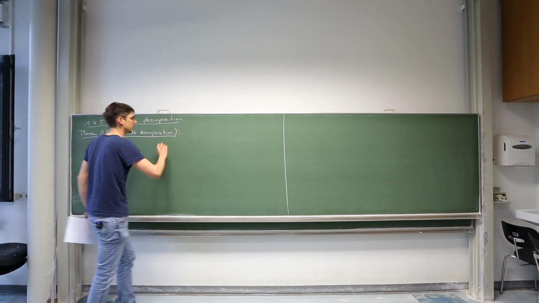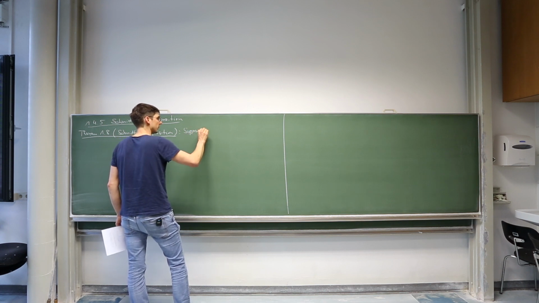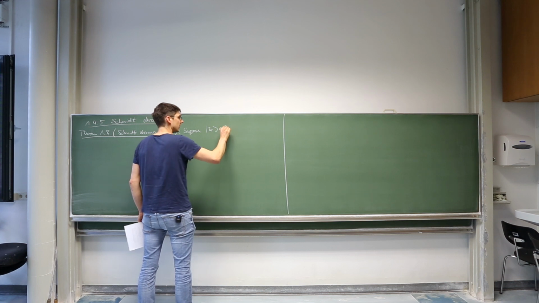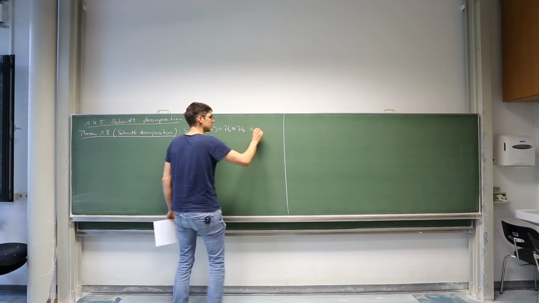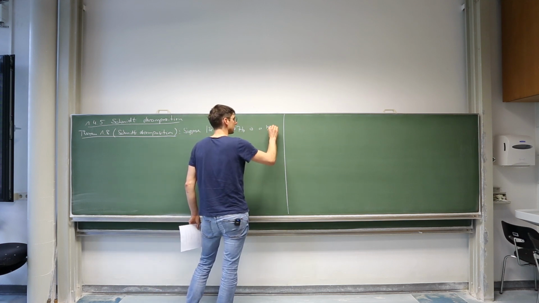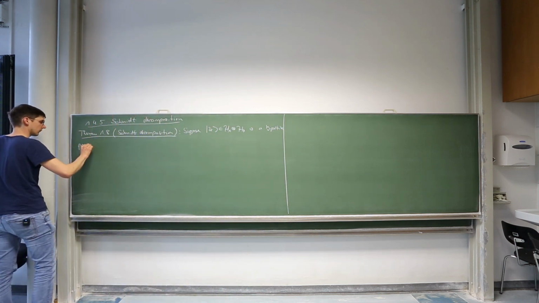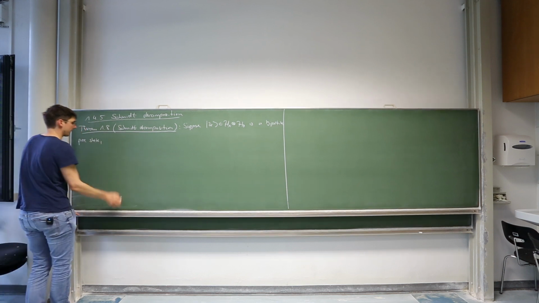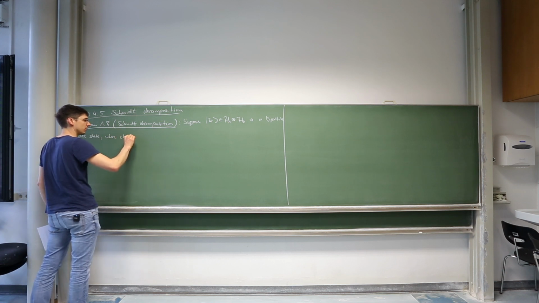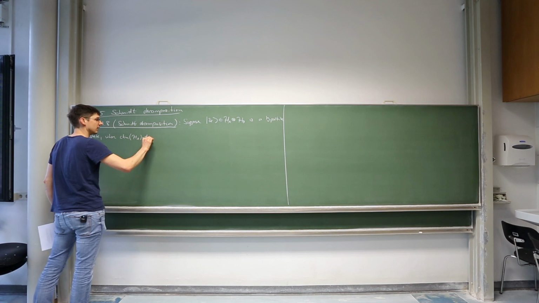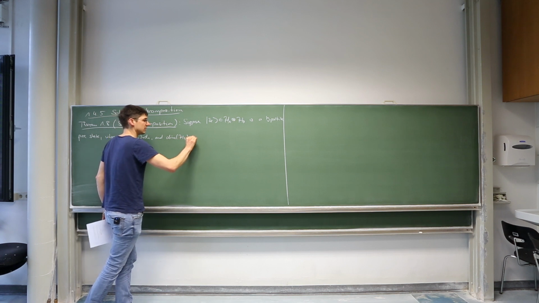And it says that, suppose psi, which is in HA tensor HB, is a bipartite pure state, where the dimension of the component HA is dA, and the dimension of the component HB is dB.